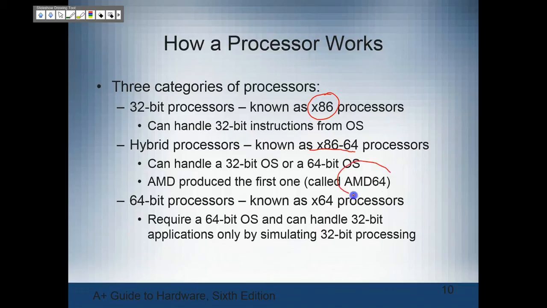AMD produced one that was the AMD 64, and then the 64-bit processors, the x64, require a 64-bit operating system. So you can buy hybrid, which do both 32-bit and 64-bit, or a straight-up 64-bit processor, which requires a 64-bit operating system. Not that big a deal.